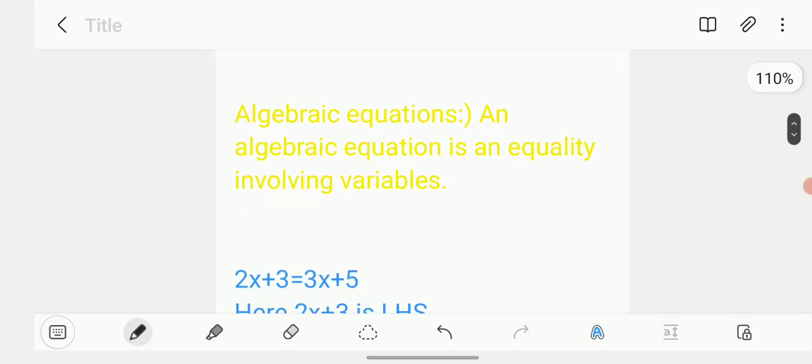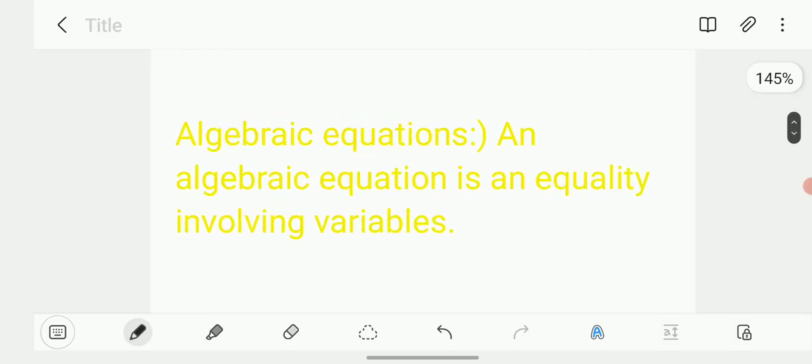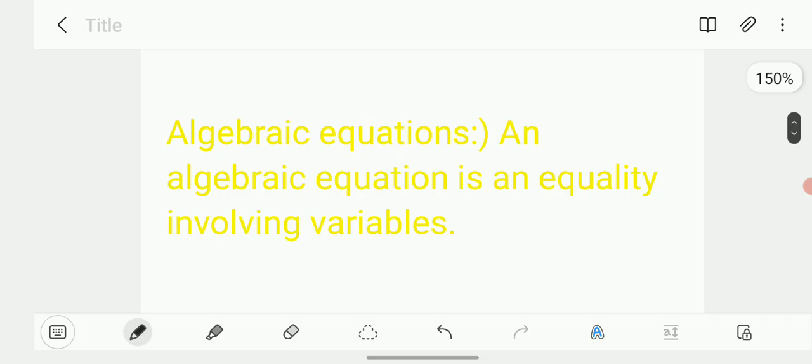Next we need to discuss the topics, and we'll see the definition of algebraic equation. An algebraic equation is an equality involving variables. As we have discussed, it is an equality involving variables. It may be x, y, z, or p, q, r, a, b, c, anything, and it involves variables and an equality sign.